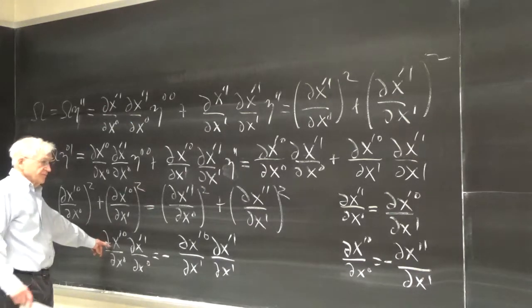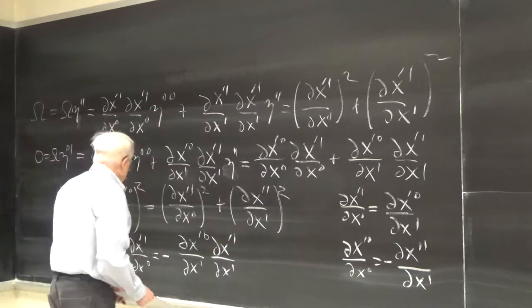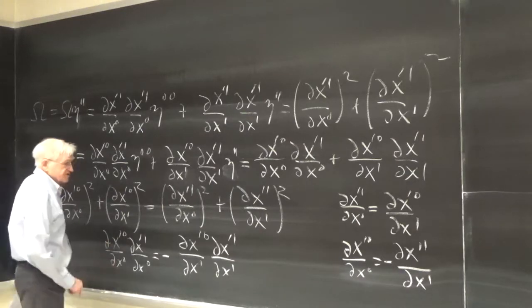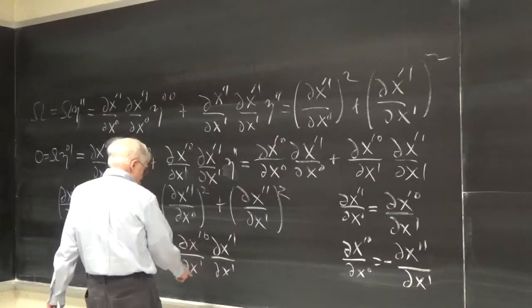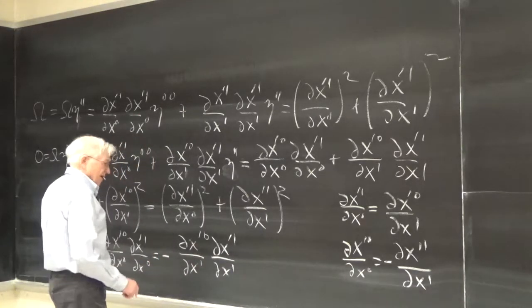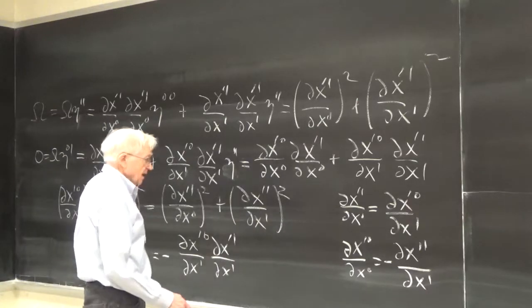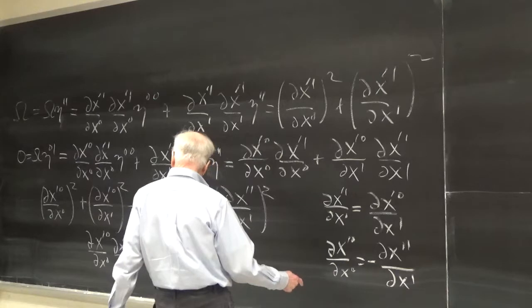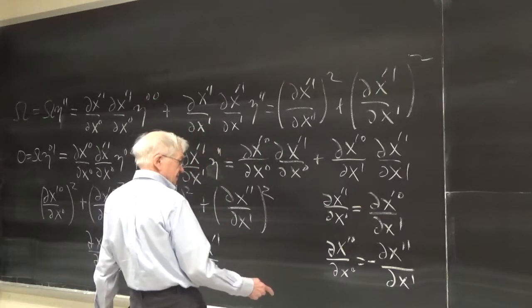If we use the top equation, we replace this first derivative with the second derivative without the minus sign, then we replace the second derivative with... I'm sorry, I've got this backwards.